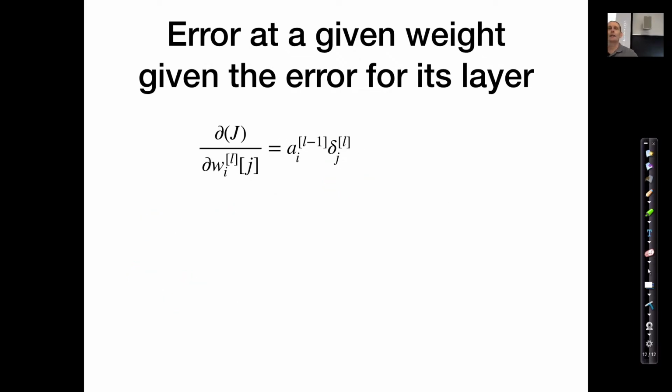And then finally, the error at a given weight is just, so let's try and interpret this. These are the incoming activations. And these are the, let's call it, outgoing error.